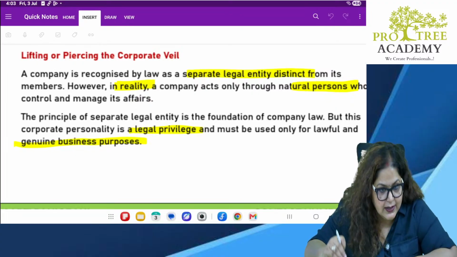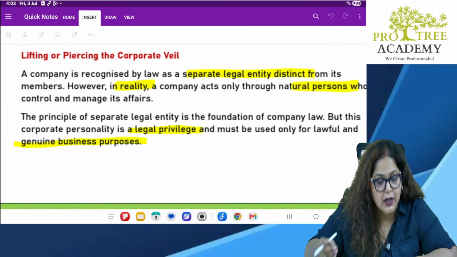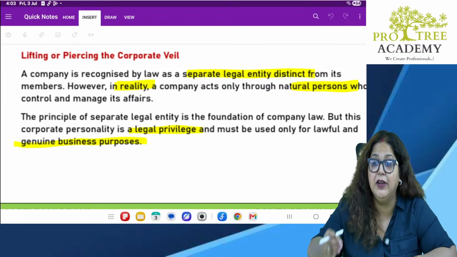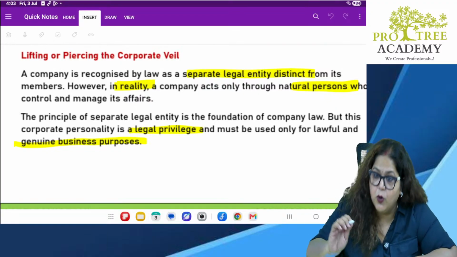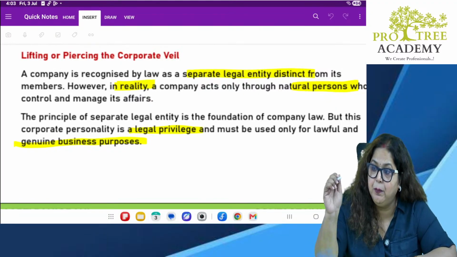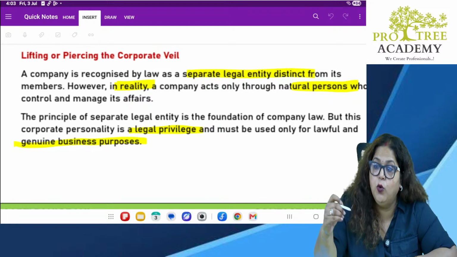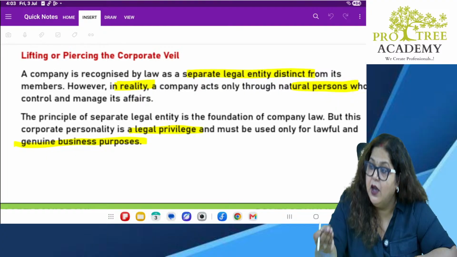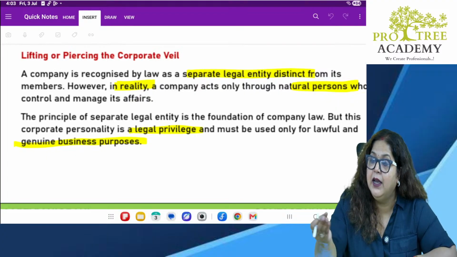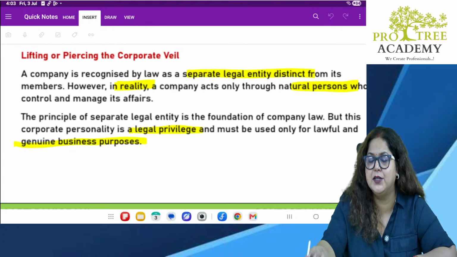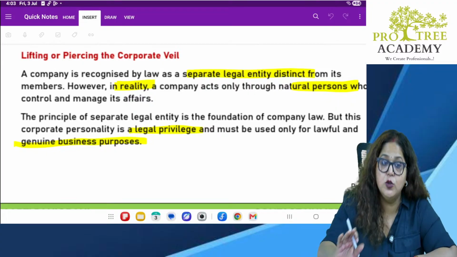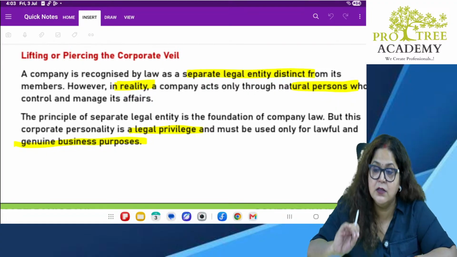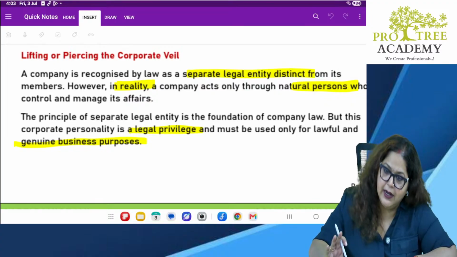There are some cases, which we are going to study further, where the court will lift or pierce this shield and look at who are behind it, who are working for the company and doing misappropriation, financial fraud or any kind of fraud. Not in all cases, only in some cases will the court interfere.